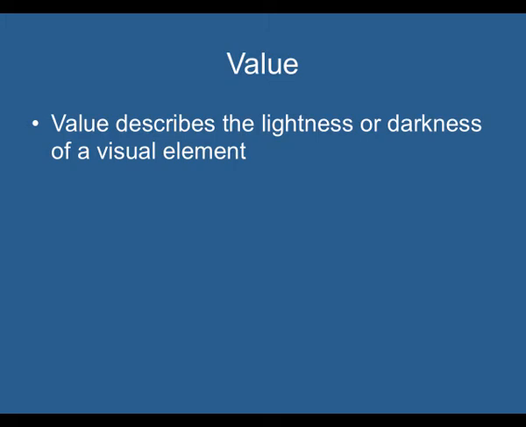And then value, the lightness or darkness of a visual element. And within that then, how does this lightness or darkness create a contrast so that we see things as visually distinct from one another? If we're looking at value and, oh darn, we don't have it. I was hoping we had a yellow marker in here.